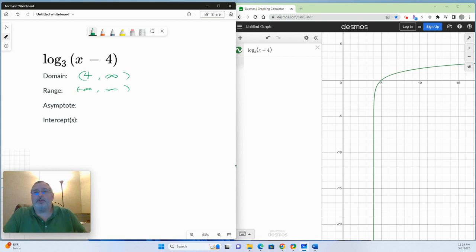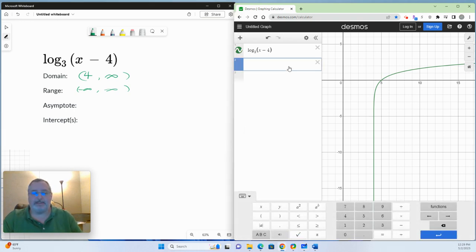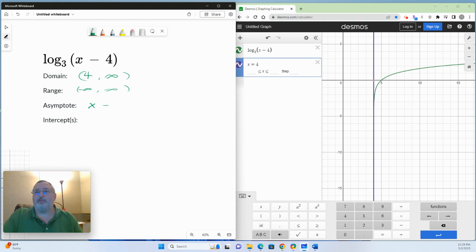The asymptote, again, that's the line that never crosses. That's this line right here. And I'm going to actually type it in this time so you can see it. If I type in x equals 4, not 3, see, that's the line that never crosses. So that's going to be my equation. So I'm going to write that in. x equals 4.